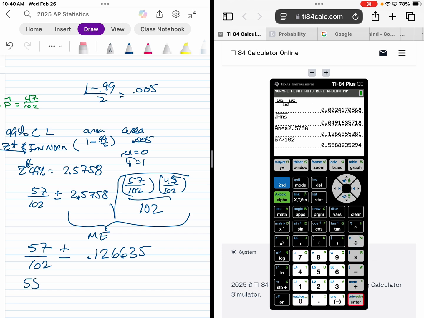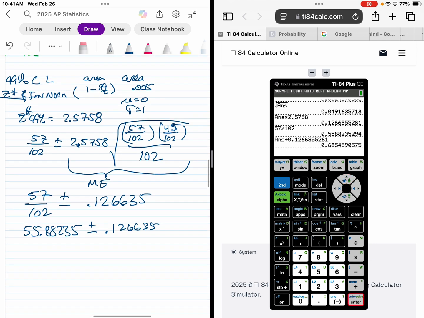So now I need to say, okay, what is 57 divided by 102? That is 0.55882. So now I need to basically add and subtract the 0.126635 from it. So I'm going to take that answer and add the answer up above. And that tells me the right number is 0.6855.